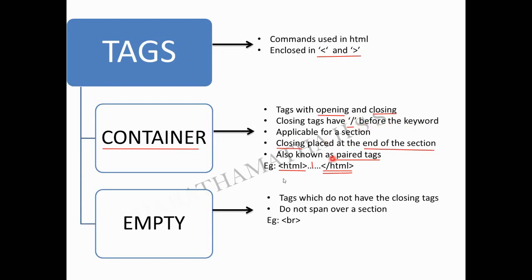Look here: this is your opening tag, HTML is your opening tag, and this we call close HTML. Is it clear? Similarly, you have so many container tags in this chapter. All these you will be learning as the lessons go by, and you will get used to it also. Is this part clear? What is meant by container tag?